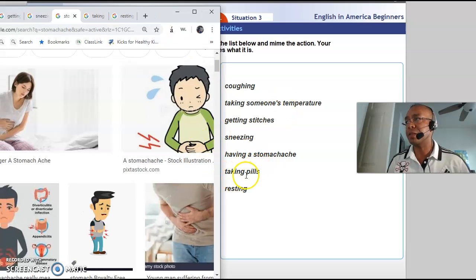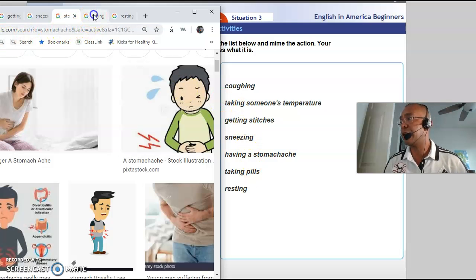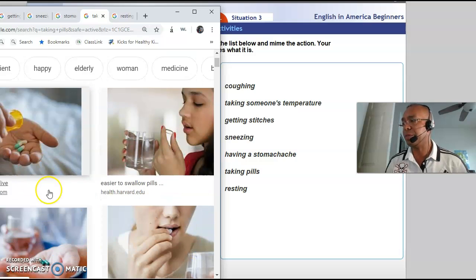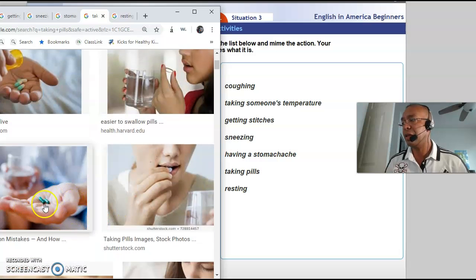Taking pills. Sometimes you have to take pills as medicine, right? Medicines come in different shapes and forms, and one of them is pills. Like this girl is taking a pill, taking prescriptions, medication, medicine, pills.